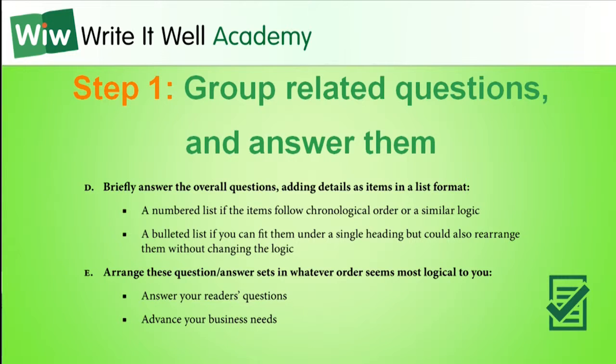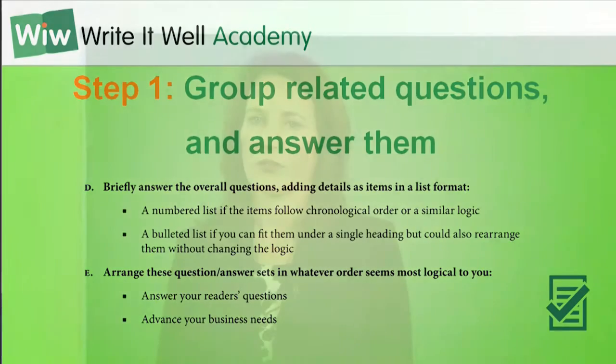We're big proponents of lists, and we think you should use lists in reports and proposals when appropriate. We'll talk about that. So arrange these questions and answer sets in whatever order seems most logical to you. Make sure you answer your readers' questions and advance your business needs.